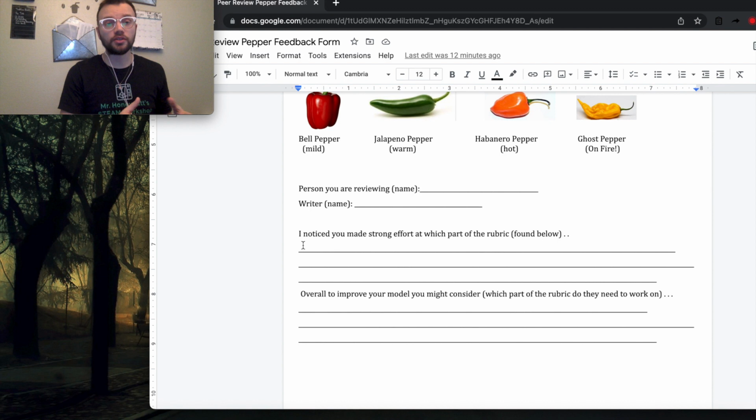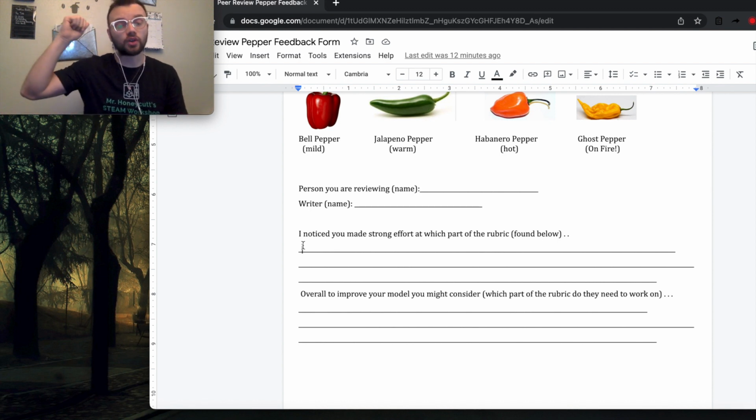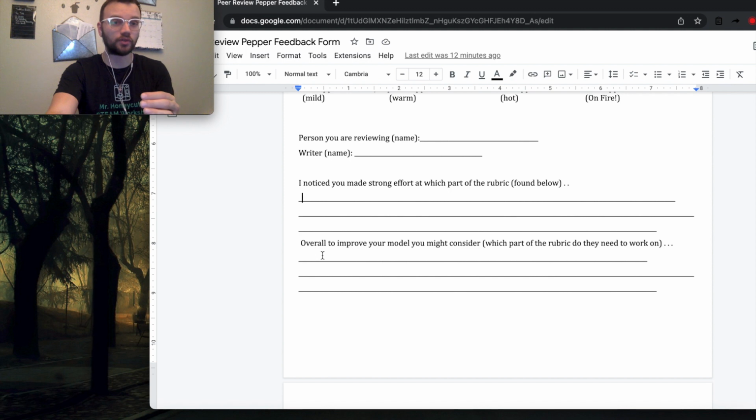Something you might notice your teachers do is they do something called a positivity sandwich, right? They start with a positive, and after starting with the positives, they might go into constructive criticism.